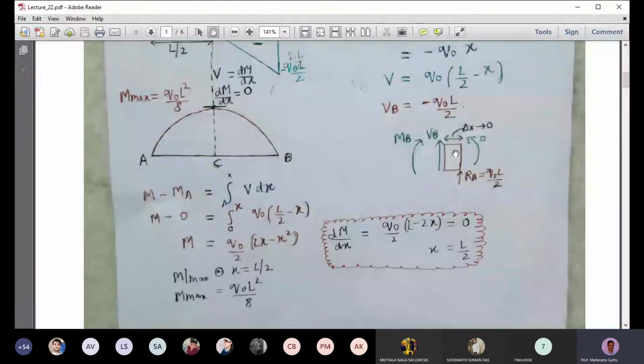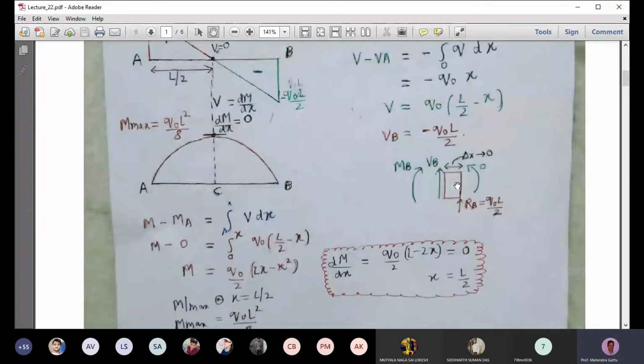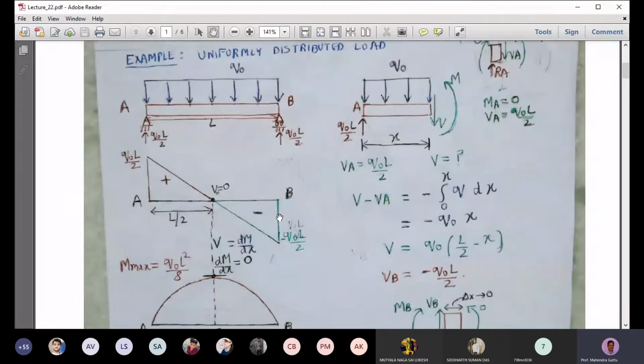Again, this distance delta x is very small, it is just immediate left, so delta x can be treated as 0. So RB plus VB is 0. We get VB is equal to minus Q naught L by 2, and MB is 0. So the shear force at B will be a negative value, minus Q naught L by 2.